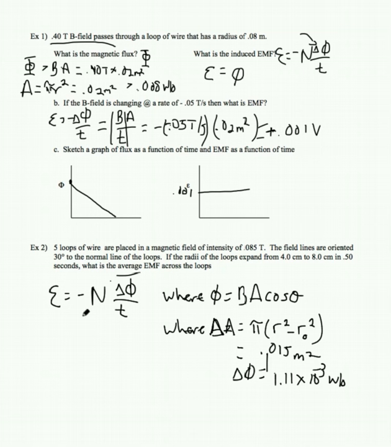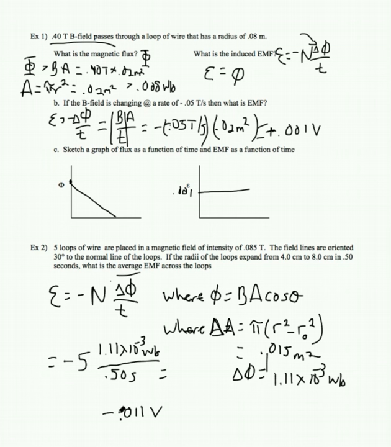So going back over here, we get negative, we have 5 loops, delta phi is 1.11 times 10 to the negative 3. And the time it took to change was a half a second. Right, multiply those out, and we should get negative 0.011 volts. All right, so a small number, negative again, doesn't mean anything right now.